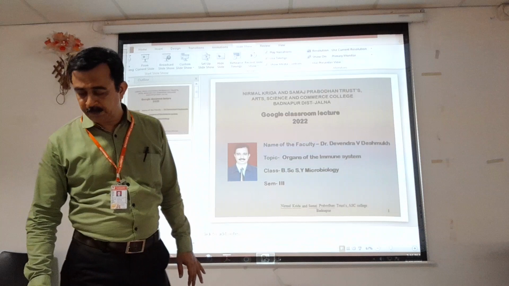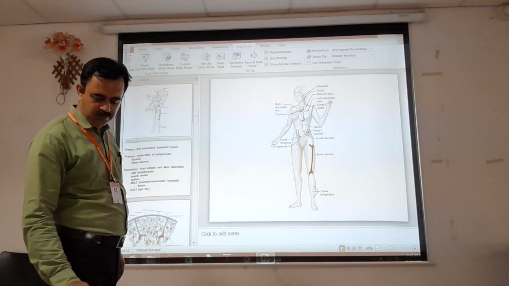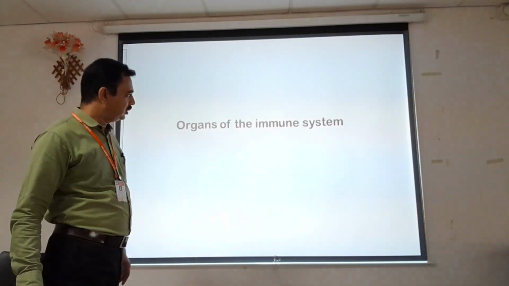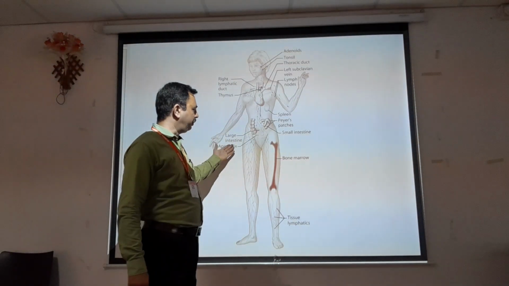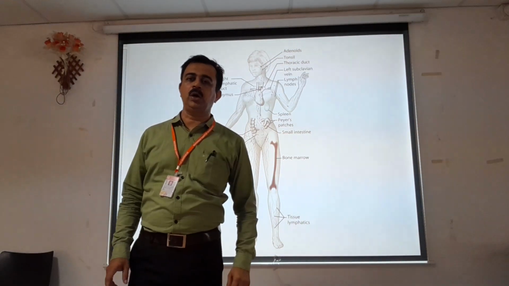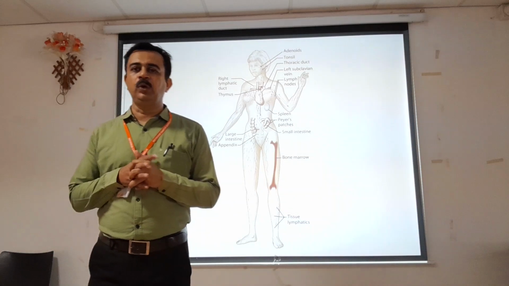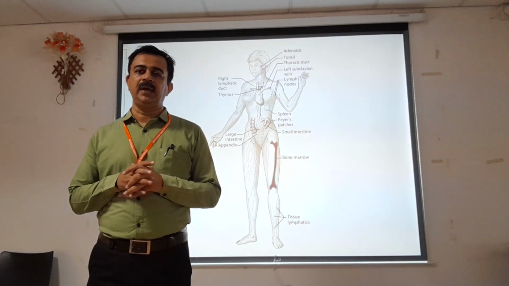So what have we learned today? We have learned a part which is associated with the organs of the immune system. What are the different organs that we have seen today? Maybe large intestine also, appendix also, bone marrow, lymphatic tissue. These are all different cells and organs of the immune systems which are helpful for clearly binding of that antigen and removal of that antigen.